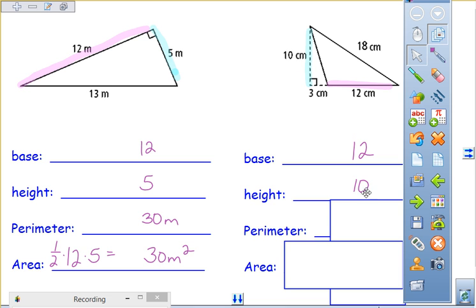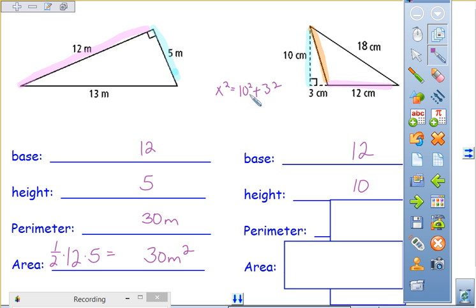But now we're not going to use the 10 to find our perimeter. We have to use another method. So I have to figure out what this side is to calculate that perimeter. So I'm going to use the Pythagorean theorem here on this mini triangle. So I get x squared equals 10 squared plus 3 squared.